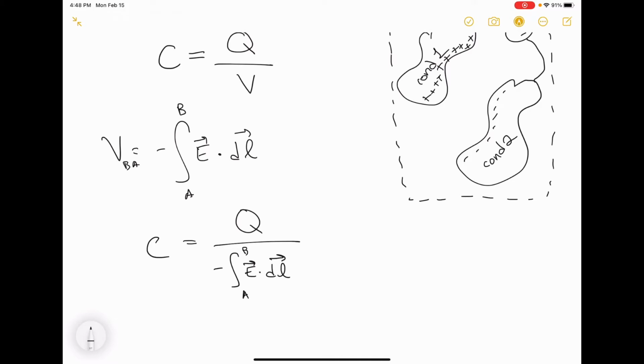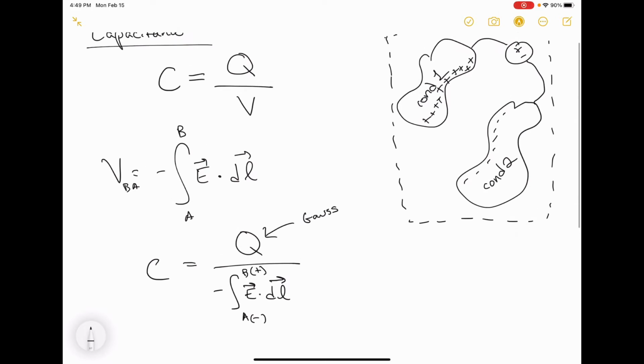Usually we do this so that A is the negative terminal and B is the positive terminal, so our voltage comes out positive. And if we do this, we can actually calculate the capacitance for something, because we can use Gauss's law to find the total charge on one of the conductors, like say the top one. And then you have all of the information that you need to find the capacitance of something.